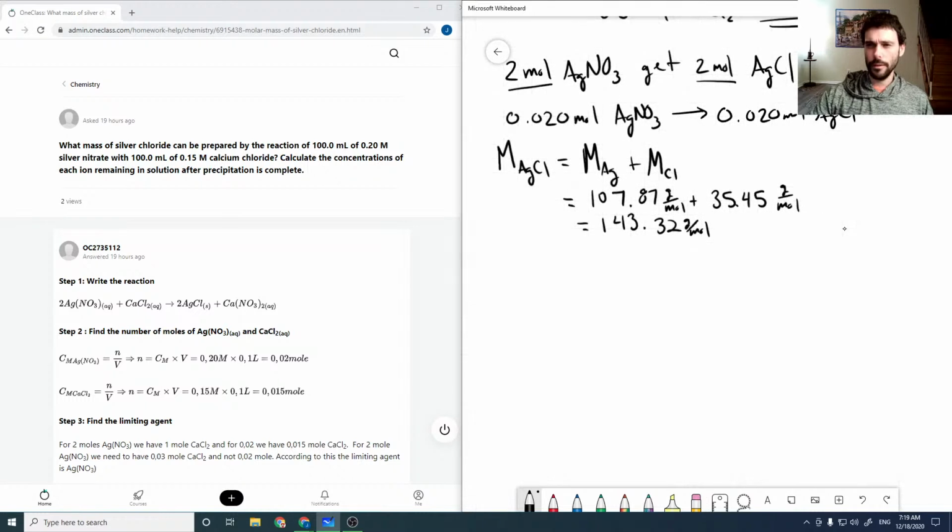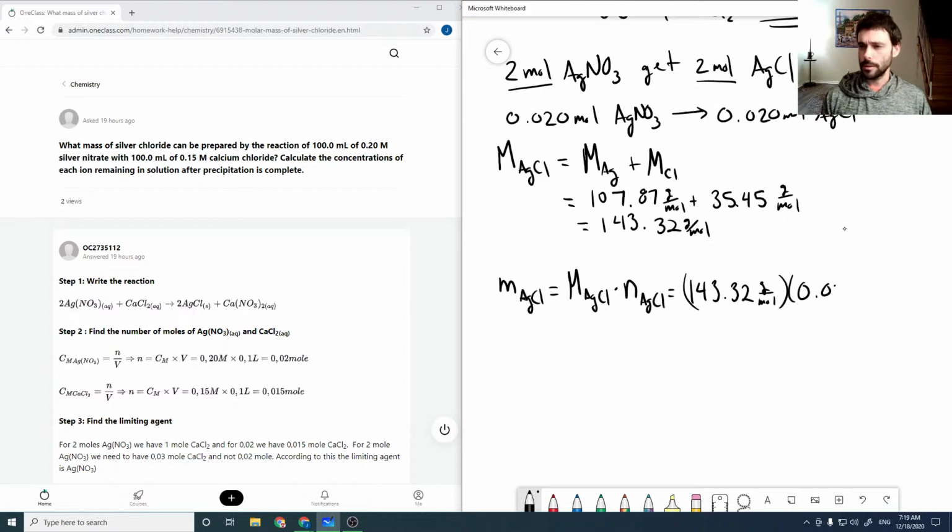Then our mass of silver chloride is the molar mass multiplied by the amount of moles, which is 143.32 times 0.020 moles. Our moles cancel, giving us a value in grams, which comes out to be 2.866 grams, or rounding to 2 significant digits, 2.9 grams.